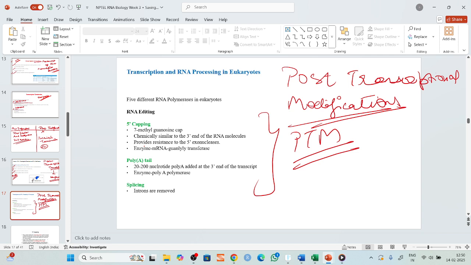Okay, so in capping, your 7-methyl guanosine cap gets attached to the 5 prime end, and it provides resistance to the 5 prime exonucleases. So this capping is important because it makes your newly synthesized RNA resistant to the 5 prime exonuclease activity.